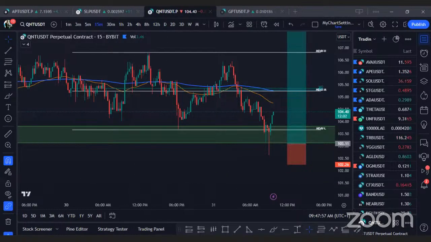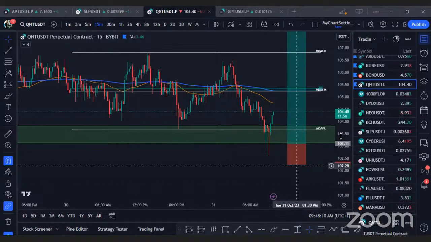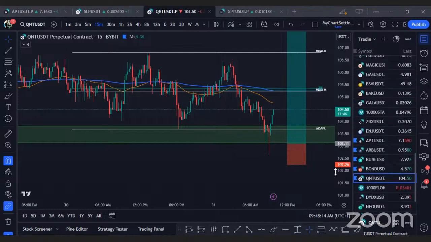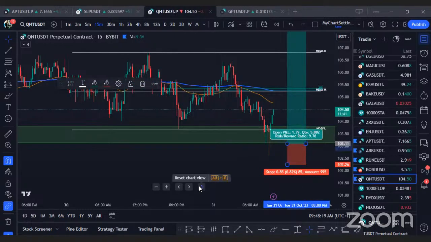Okay, all right, guys. So let's go back to the business of the day. For BLZ, I just told you guys, I think I have BLZ here. I'll be looking for more long trades for BLZ. So if you're in this trade, well, congrats to you. My entry for this trade was 103.7.